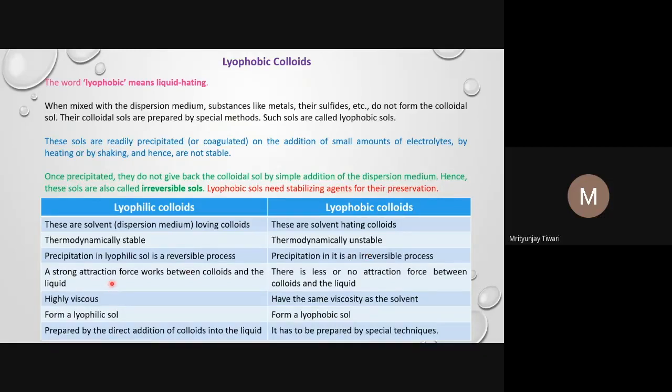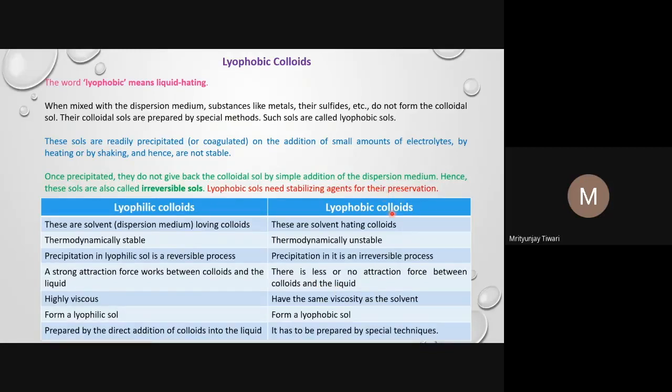A strong attraction force works between colloids and the liquid in lyophilic sols, and these forces are usually van der Waals interactions. So some attraction force works between the particles of dispersed phase and dispersion medium in lyophilic colloids, but there is either no or a weaker attraction between colloidal particles and the dispersion medium in lyophobic colloids.